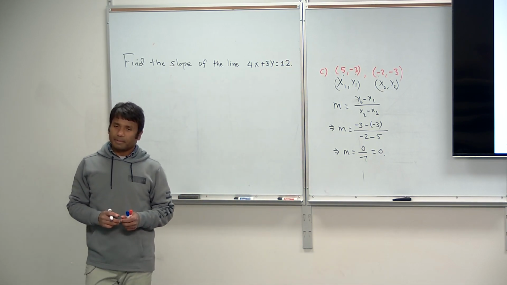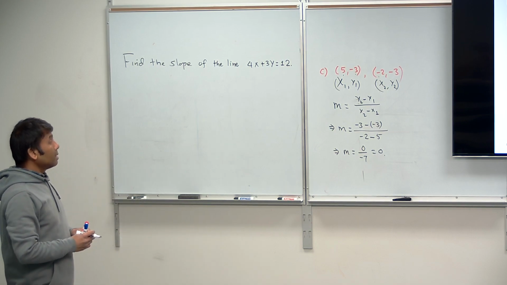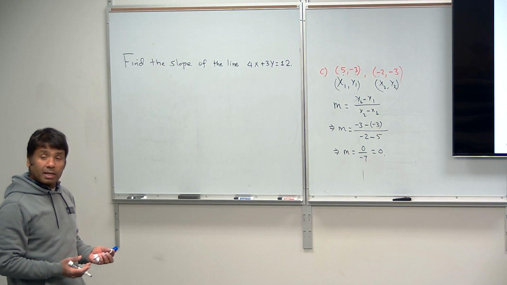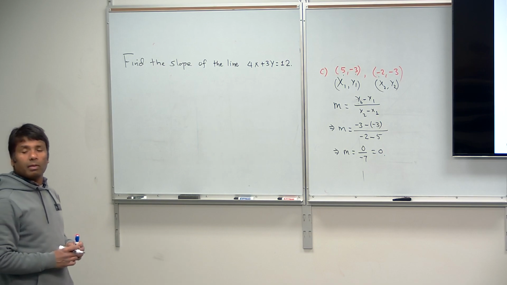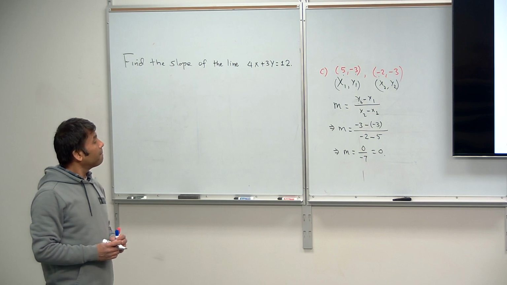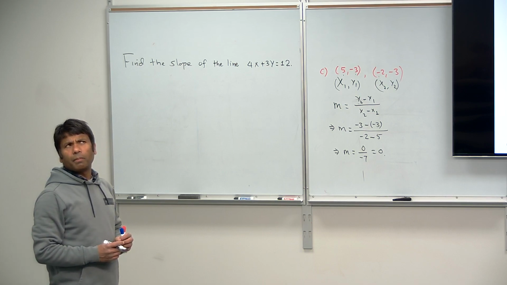So how do you find it? Well, the domain is negative infinity to infinity, and the range is also negative infinity to infinity. That's right. So how do you find the slope? Would you graph the equation to get your two points?